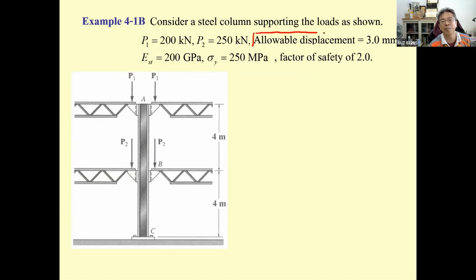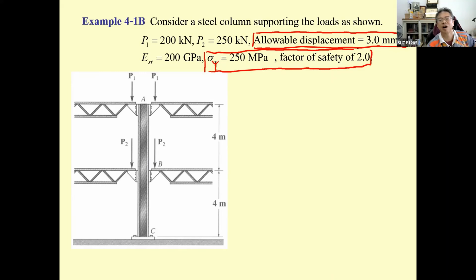The same problem, the force P1, P2, they are the same, but now we just change it by putting the allowable displacement, and then we have the yielding stress with the factor of safety of 0.2.